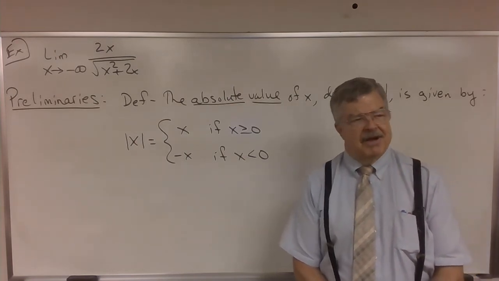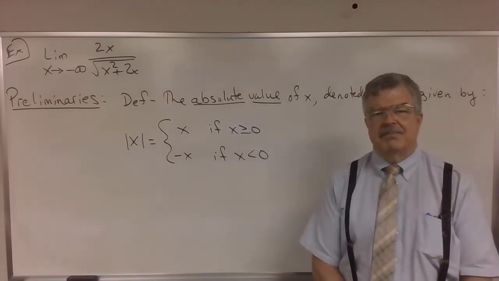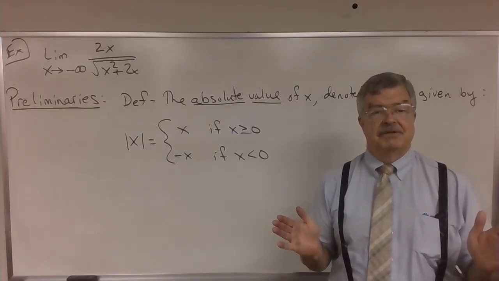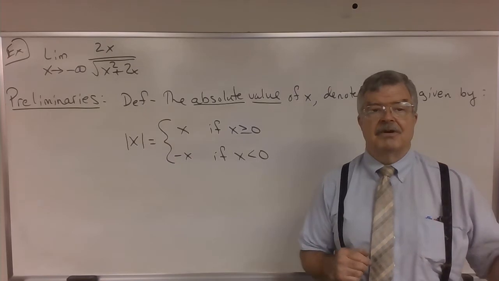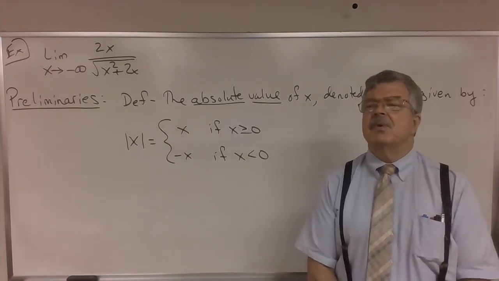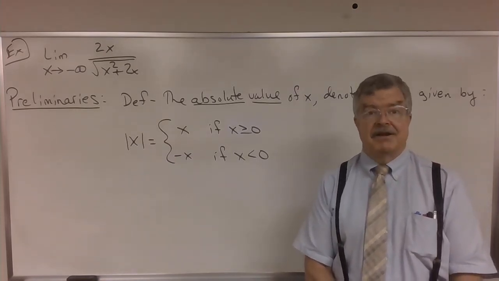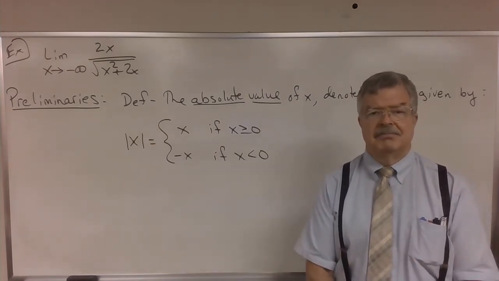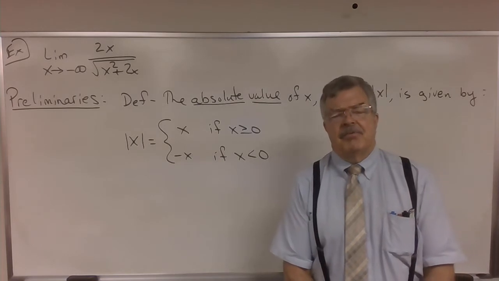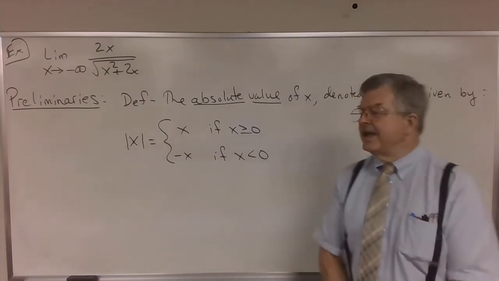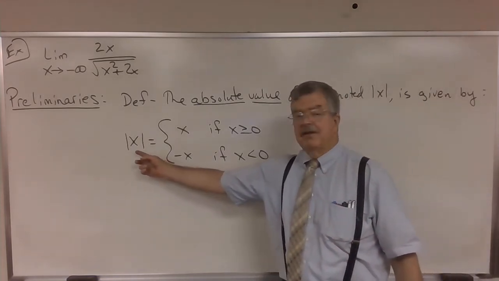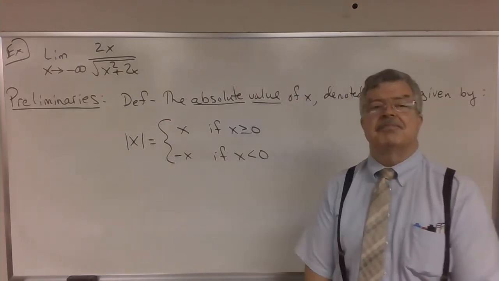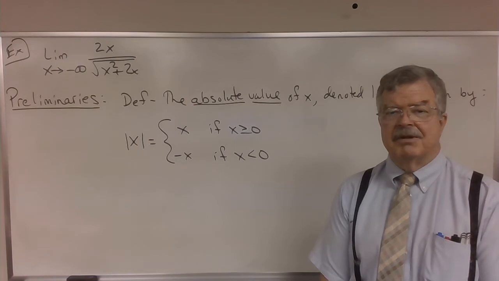We do have a concept of absolute value. The absolute value of a positive real number is just the number itself. If we want the absolute value of a negative real number, we just make it positive and we have the absolute value. The problem comes when we have to compute the absolute value of a variable or the absolute value of some expression that involves a variable.